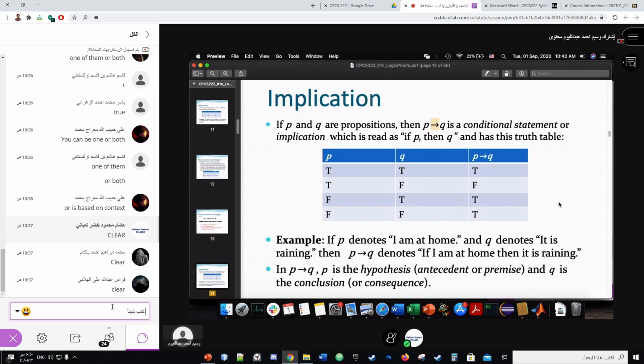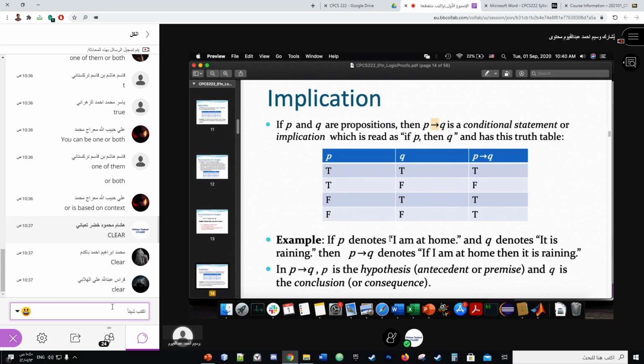It just means that if P is true and Q is true, then the resultant is true. If P is true and Q is false, then if P then Q is false. So you'll have to memorize this. If P then Q is always true except for the case when P is true and Q is false.